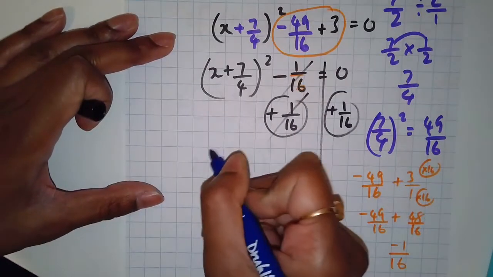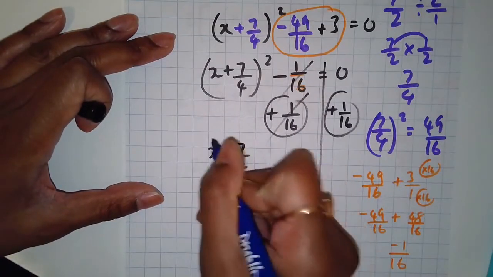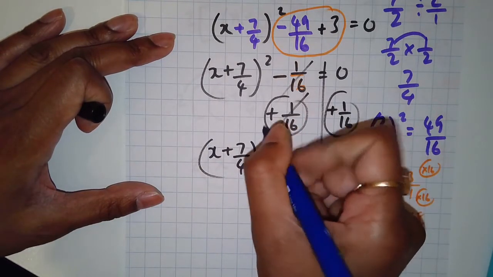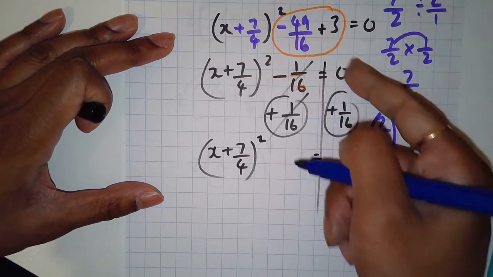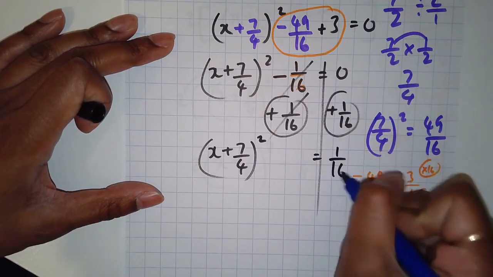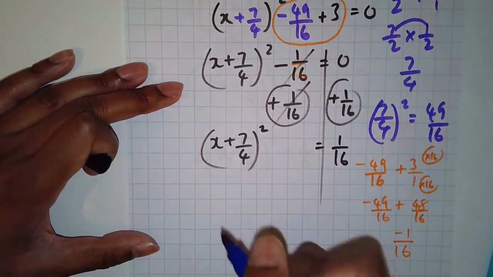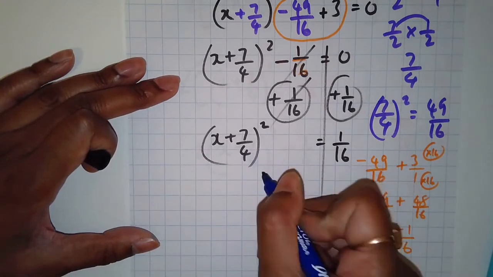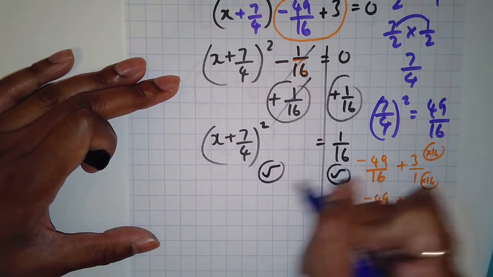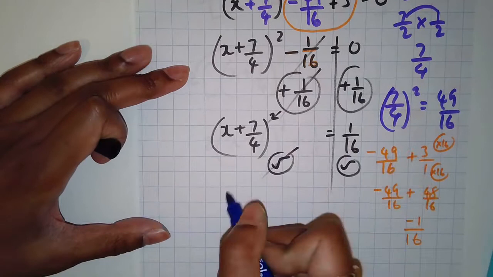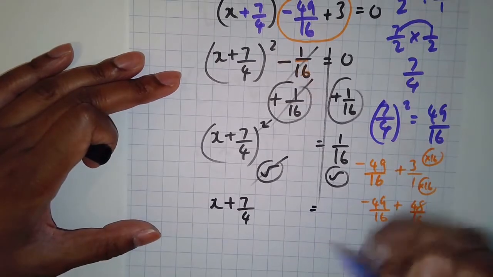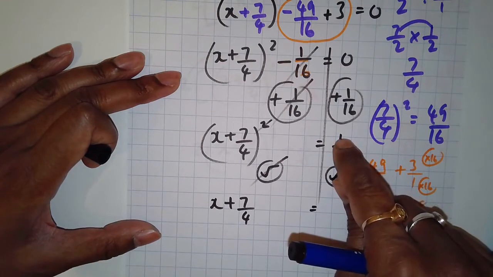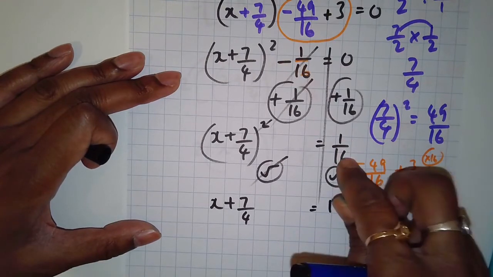You're left with 0 over here. Right, now to get rid of squaring, I square root, and do the same on the other side. You're left with, right, square root of 1 is just 1, square root of 16 is 4.